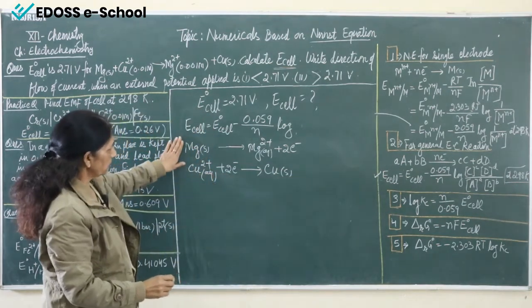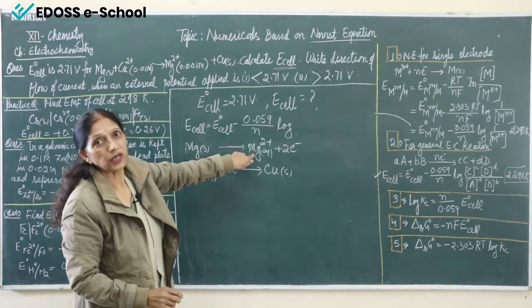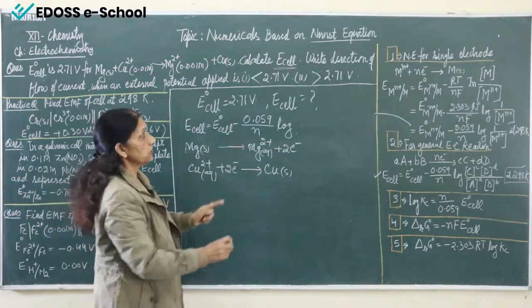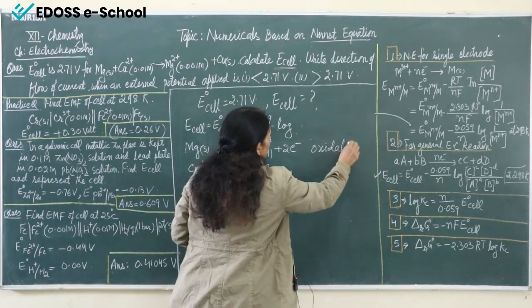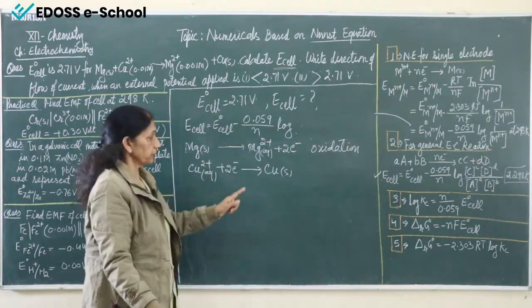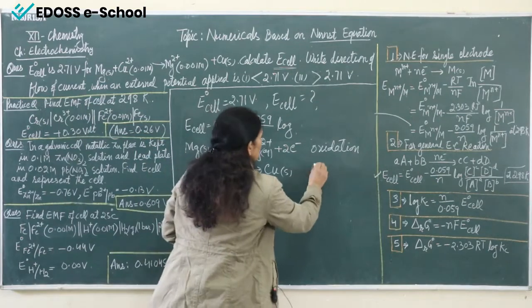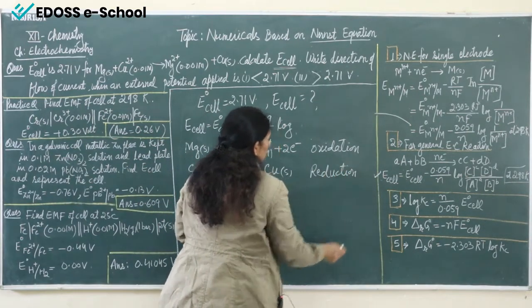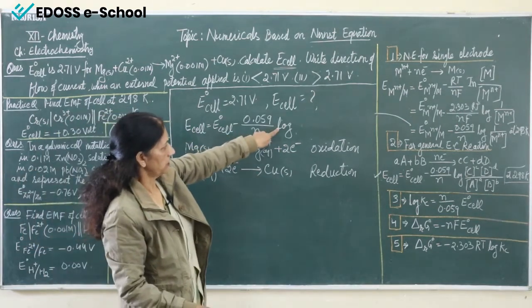Here we can see magnesium is losing electrons, that means oxidation is taking place, and copper is gaining electrons, that means reduction is taking place. Now with the help of this, we can put the log.